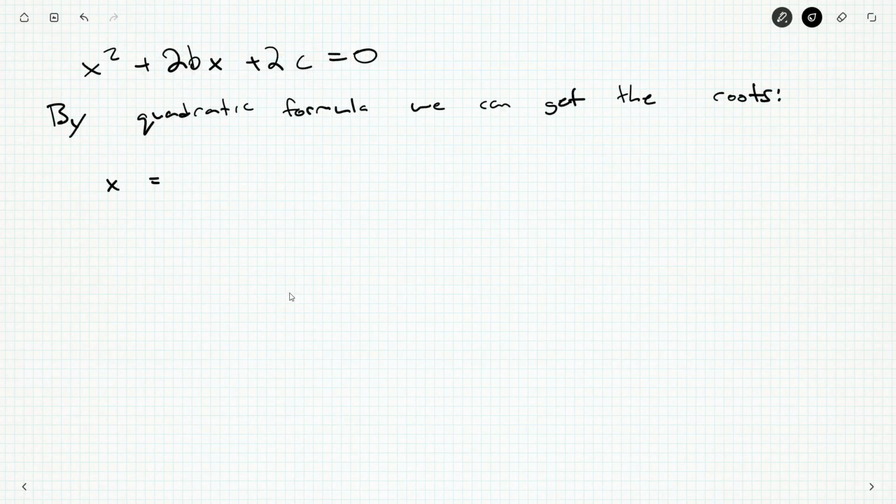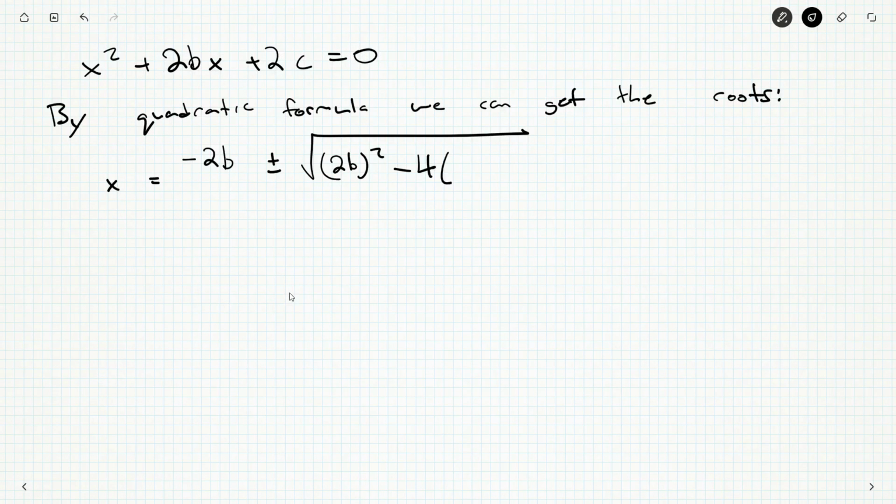So x is negative the coefficient of x, plus or minus the square root of (2b) all squared minus 4a times 2c, all over 2 times 1, which is the leading coefficient.